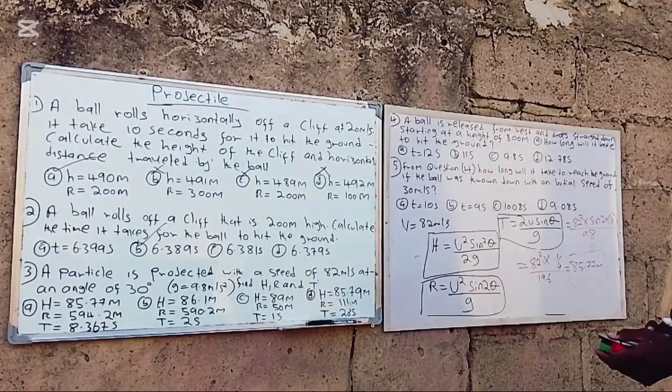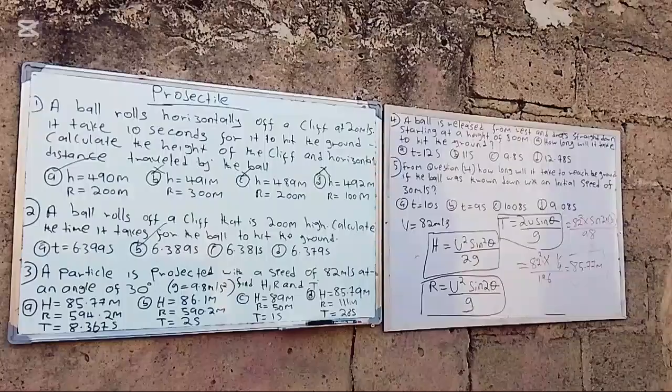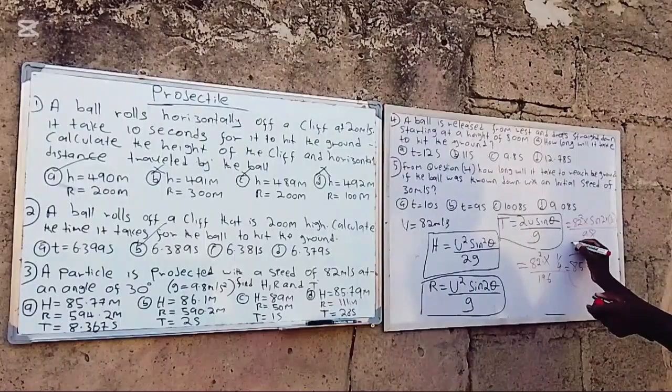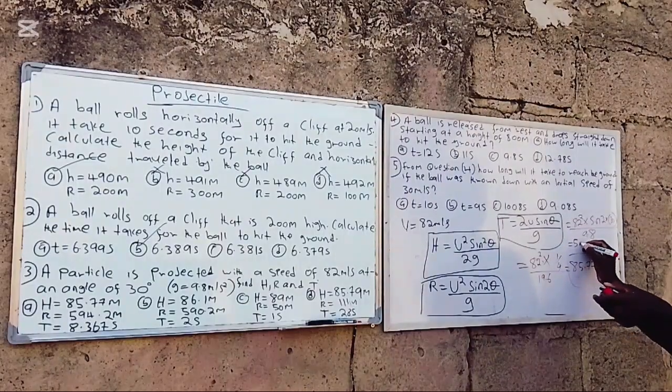I'll get 82 squared multiplied by sine 30, and then I will multiply by 2. So this should now be equal to 594.2.